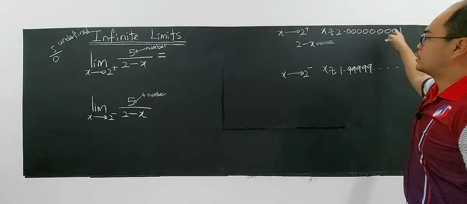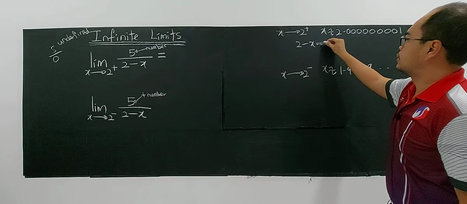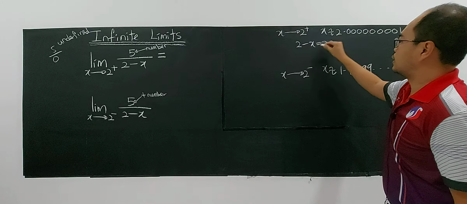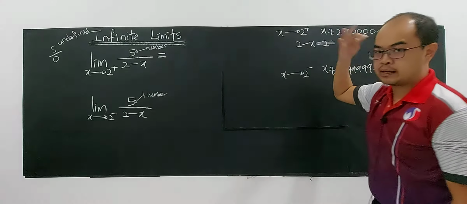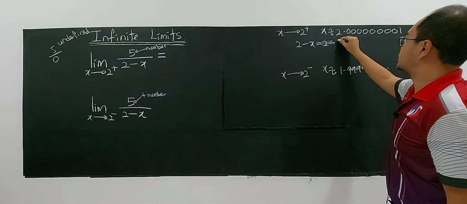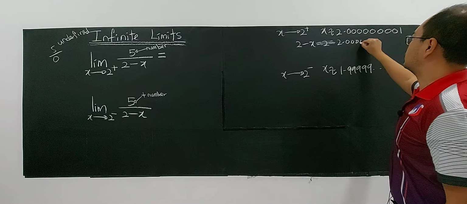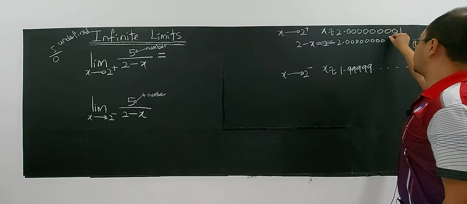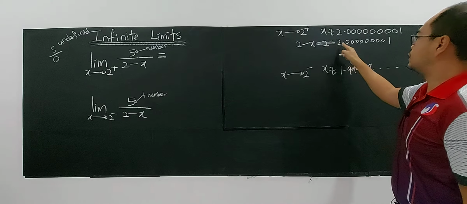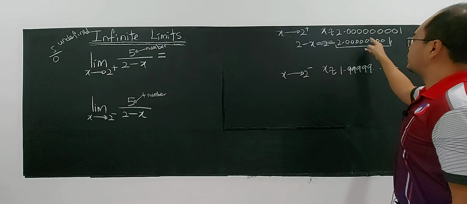the value of x is like 2.0001. Try to imagine in your mind 2 minus 2.00000001. For example, this number is still bigger than 2.